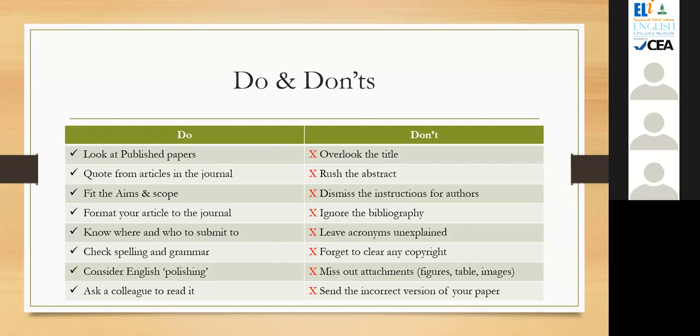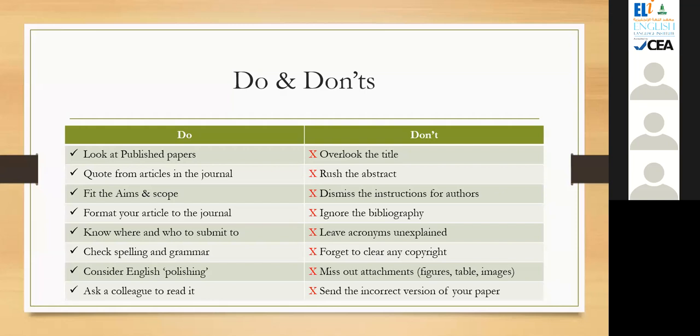Okay, quote from articles in the journal. As I said, you can quote, you can add some of the articles that have been published in the same journal. Try to fit the aims and scope.